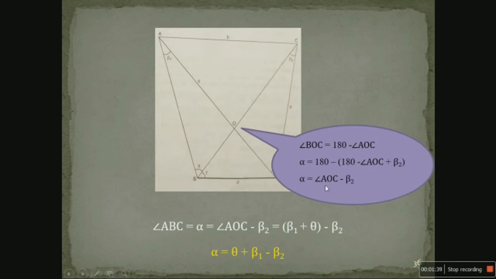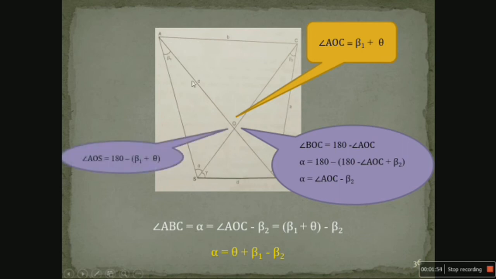Now coming to the discussion of the value of angle AOC. Just observe here. Here I am taking directly that angle AOC is equal to beta 1 plus theta. How is it directly equal to beta 1 plus theta? Again the same concept. In this triangle, this angle is equal to 180 minus this angle plus this angle.